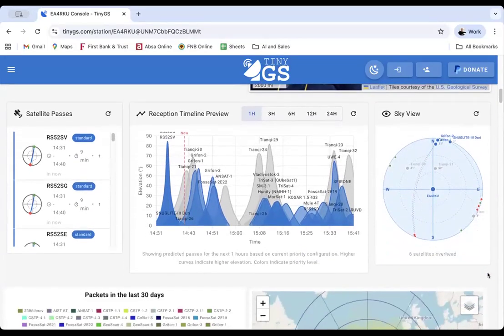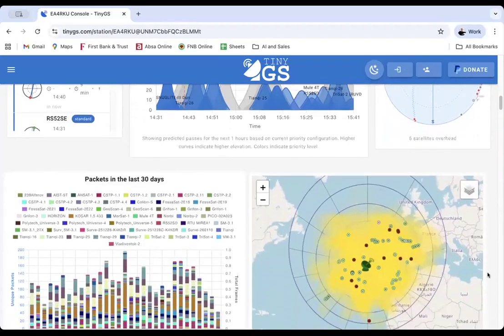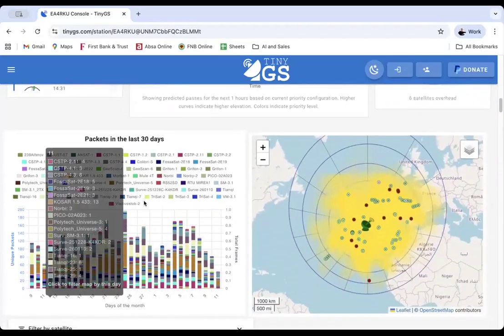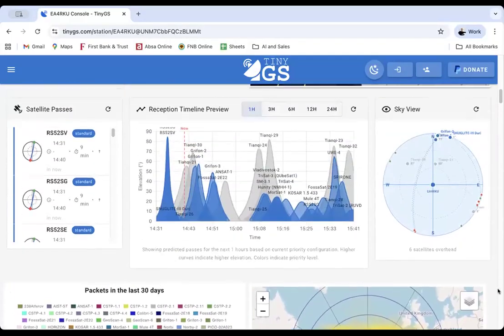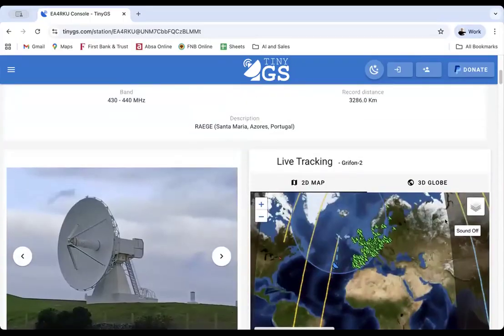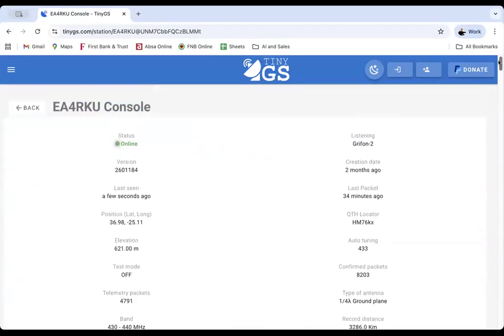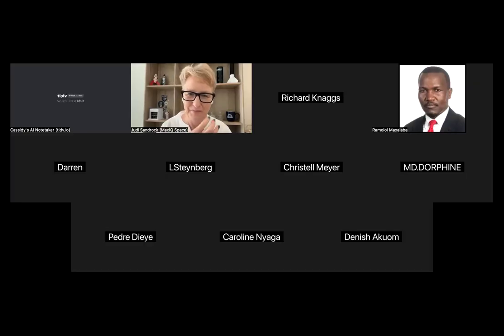It also shows how many different satellites have been supported by this one particular ground station. But ground stations are usually nothing like that size. They could literally fit into a shoebox. Richard, your one is not much bigger than a shoebox, is it, when the antenna's folded in?